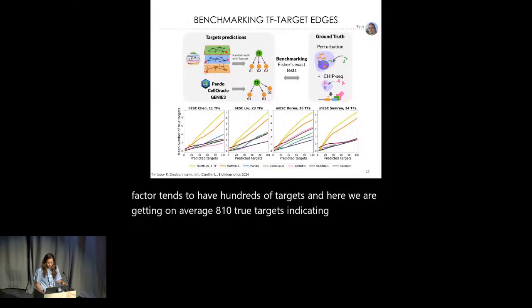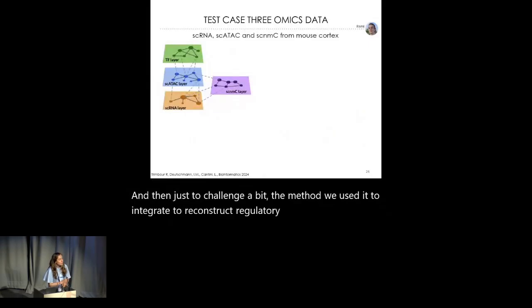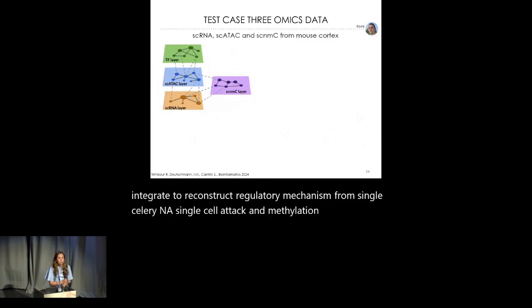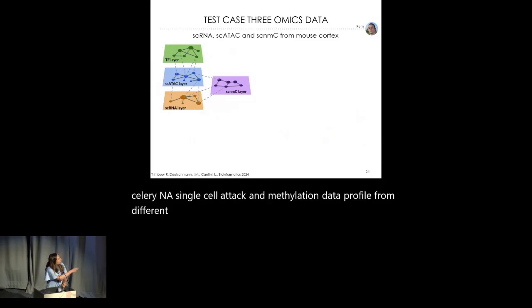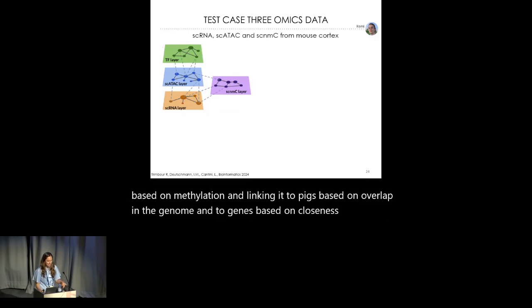And then just to challenge the method a bit, we used it to reconstruct regulatory mechanisms from single-cell RNA, single-cell ATAC, and methylation data profiled from different cells. This means adding an additional network based on methylation and linking it to peaks based on overlap in the genome and to genes based on closeness to the transcription starting site.